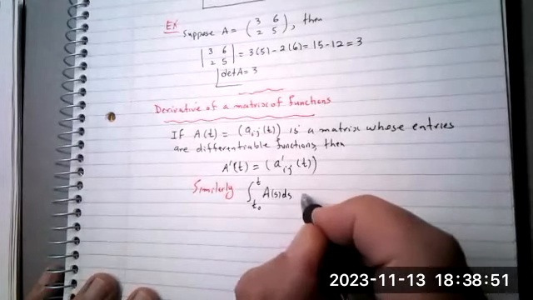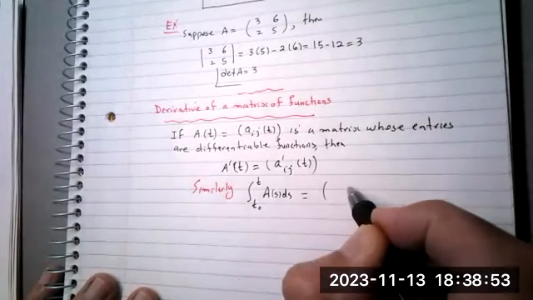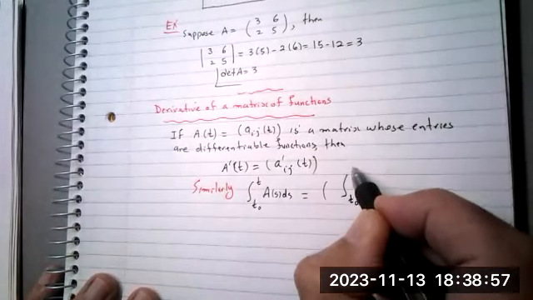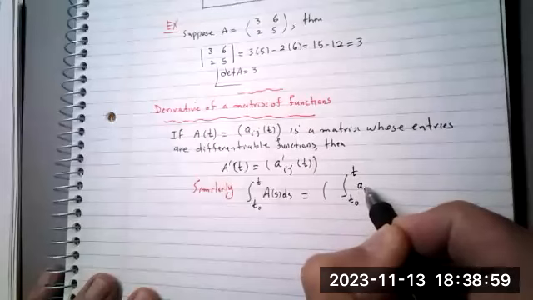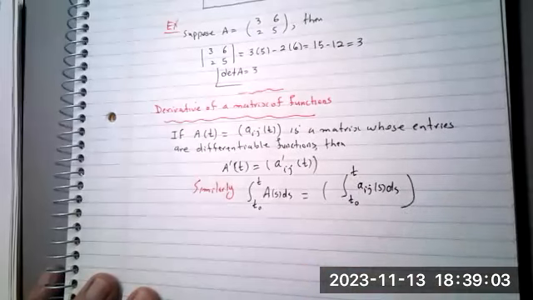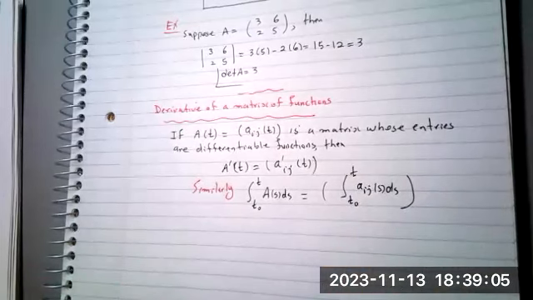So the result is going to be a matrix, but the entries of the matrix are going to be the integral from t0 to t of a_ij(s) ds. Basically, if you want to integrate the matrix, you integrate each entry. If you want to differentiate it, you differentiate each term. So the result, again, is going to be a matrix.